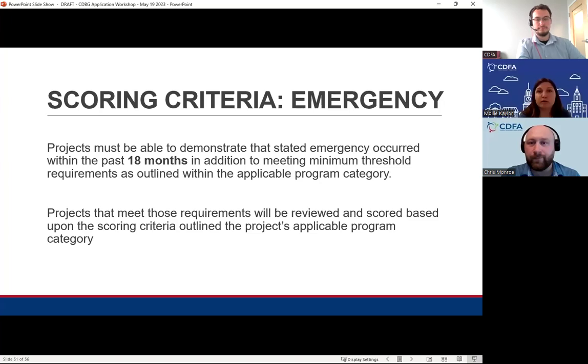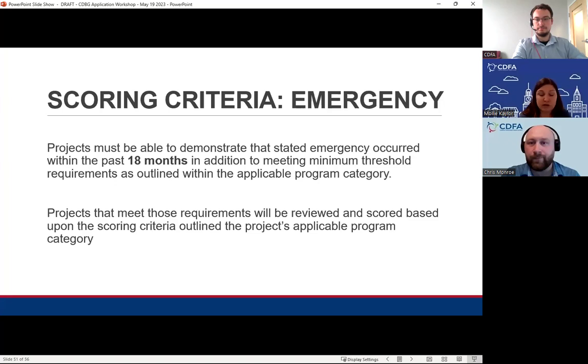So really what emergency grants are for otherwise eligible housing and public facilities and economic development projects that can't wait for the next round to come in for funding because something unexpected has happened within the last few months, and they need to apply sooner than that to be able to try to get the project underway more quickly.